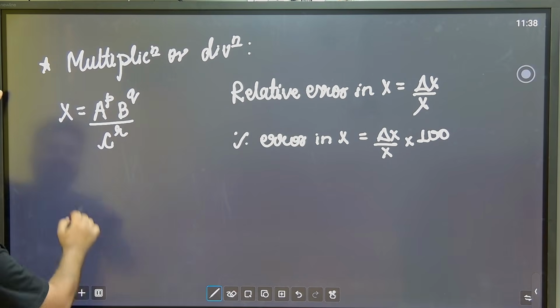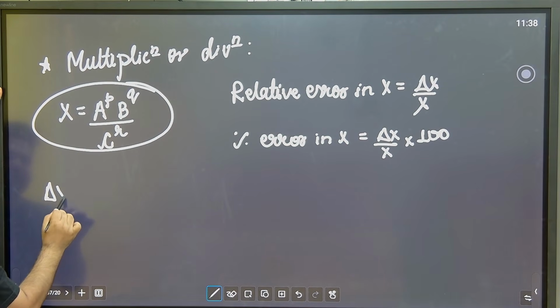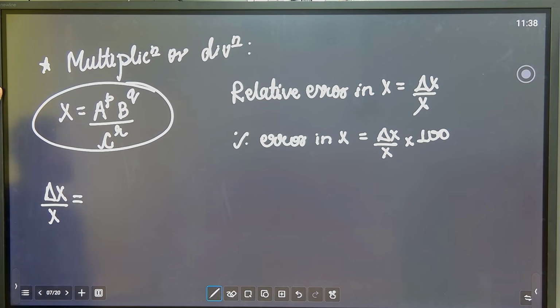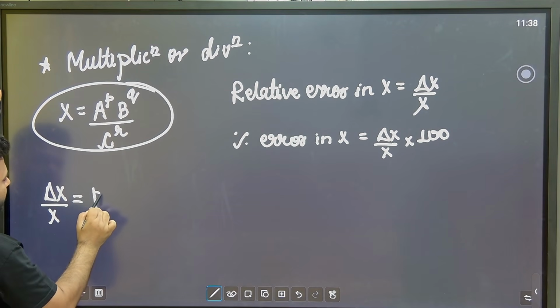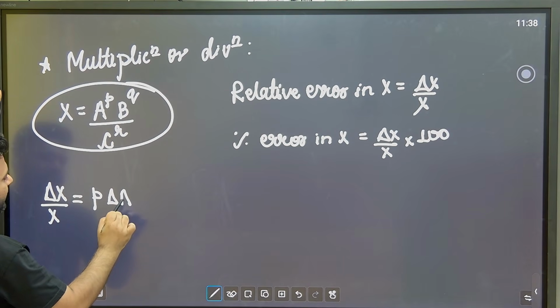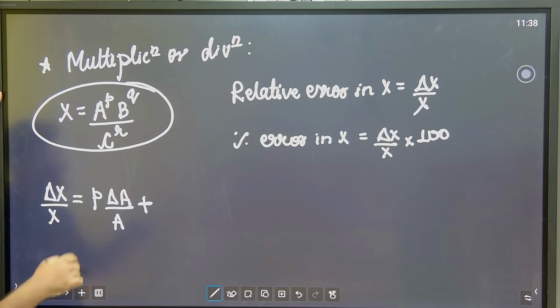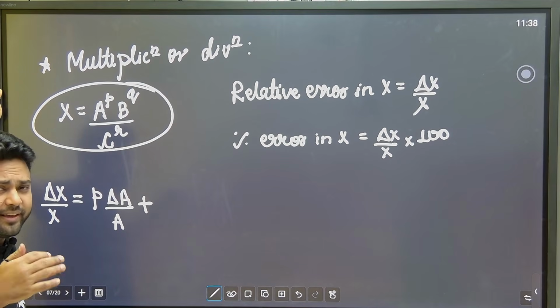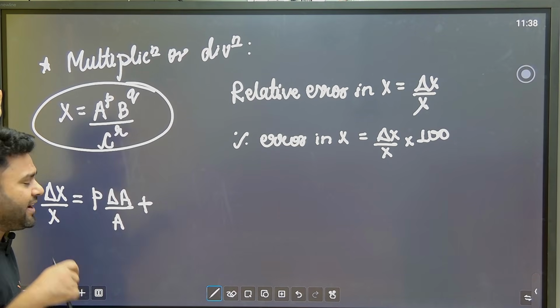So what they say is that if we have any formula like this, then the relative error in x, that is delta x by x, equals, see the pattern: first we write the power p, then the relative error in a, delta a by a, plus, in all the cases we are going to add only, error is always added.